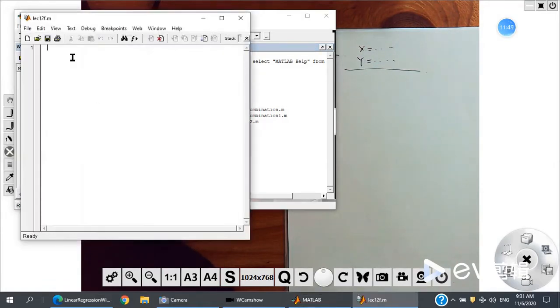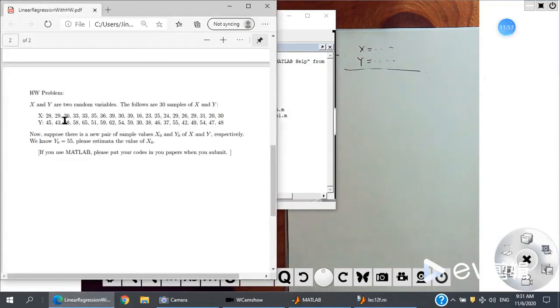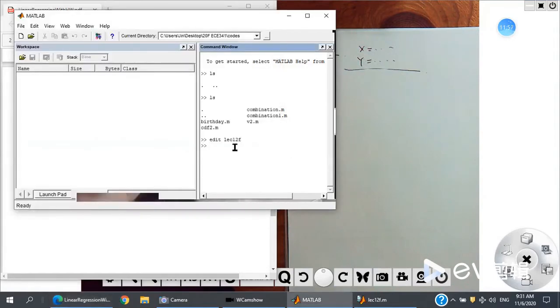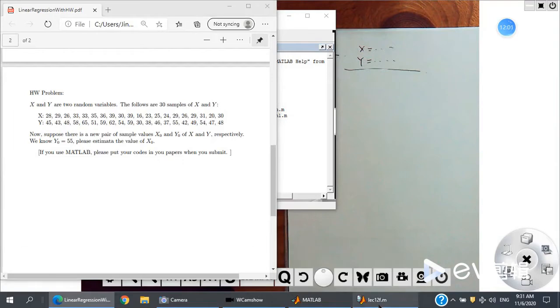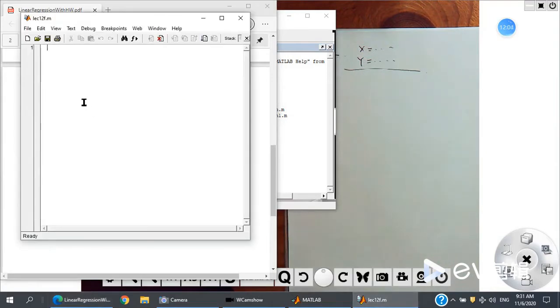Then I need x. I can create x in a different way. I just create the values of x. Okay, so first I create some samples of x and y.